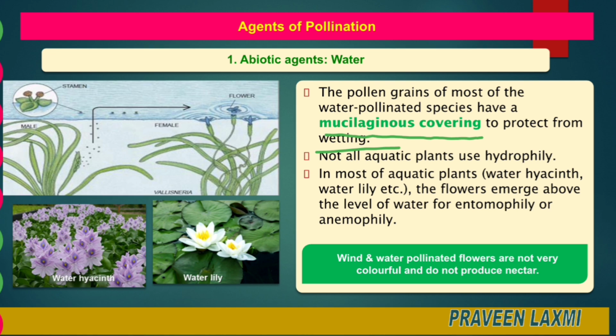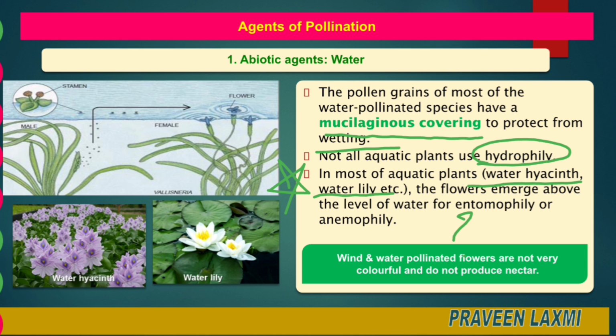Now, one exceptional case we can see here: water lily and water hyacinth are all growing in the water, but they do not undergo water pollination, or hydrophily. What is the reason behind this?